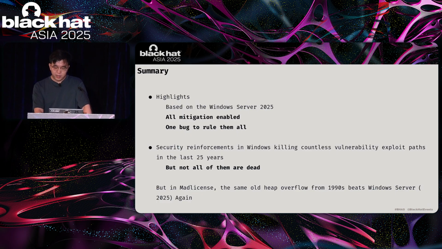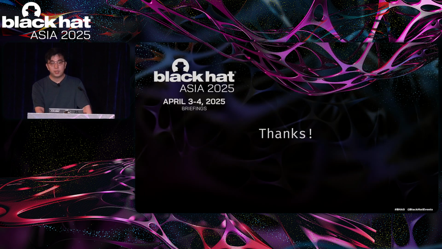However, as we just demonstrated, not all of them are truly dead. This bug is a classic heap overflow dating back to the 1990s, yet it worked against Windows Server 2025. Some things never change.